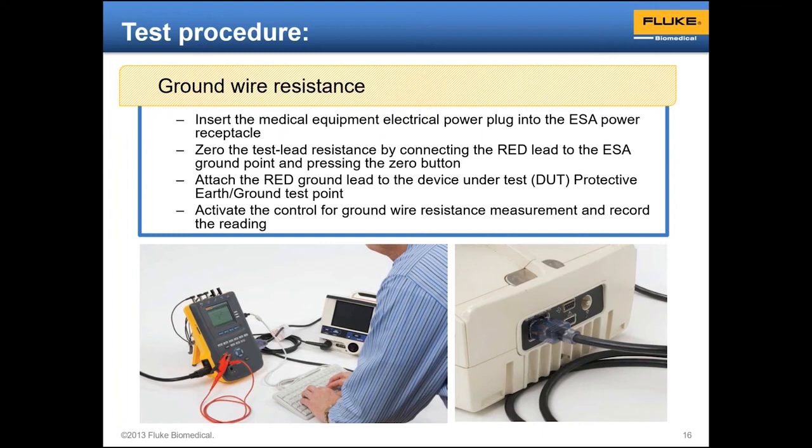It should be as low a resistance as possible, because you will remember from your training, your school training, electrical current follows the path of least resistance to get back to its source, the path of least resistance.